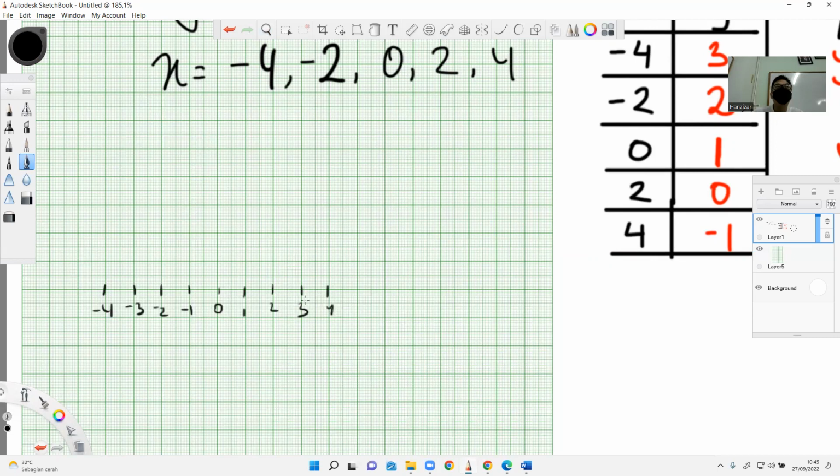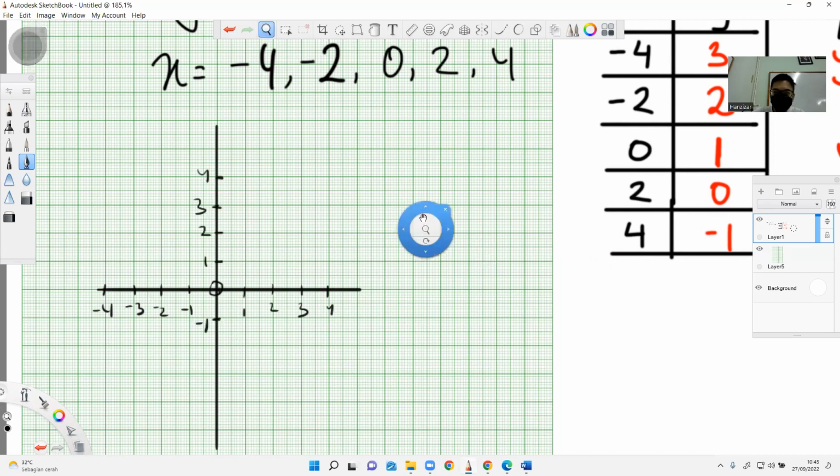Understand, guys? And then pull a straight line. The 0 is not supposed to be here. The 0 is located here, guys. The 0 is always in the middle. And 1, 2, 3, 4, negative 1.